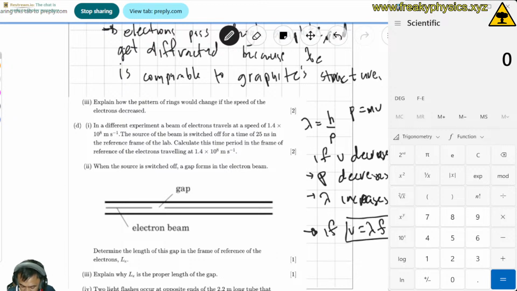One reason is that if v decreases, we're not sure whether the frequency changes or not. If we use this straight away, you get the idea? Nothing in our problem tells us what the frequency is.